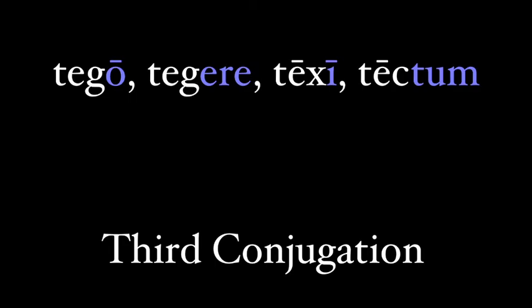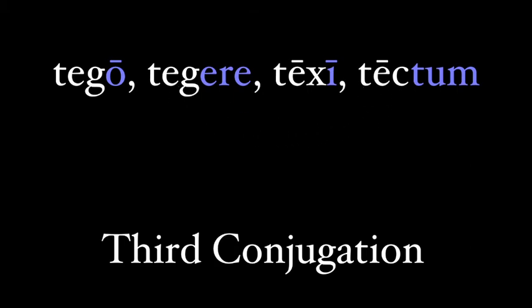Third conjugation verbs end in a short ERE, like tego, tegere, texi, tectum. Notice how this verb ends with an O and then a short ERE. Also, the third principal part ends in an I, but the letter before it seems to have changed from a G to an X. In fact, many third conjugation verbs form their third principal part, the perfect tense, with an S then an I. But when you put the S after a G, you get tegsi, which is written more easily as texi.